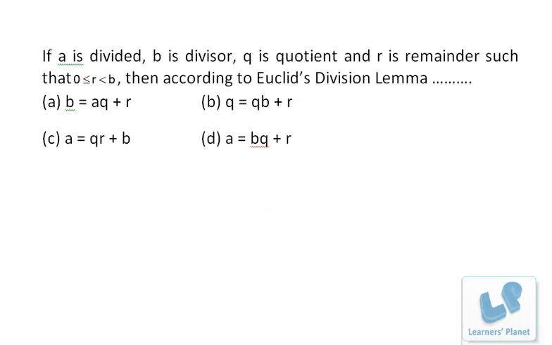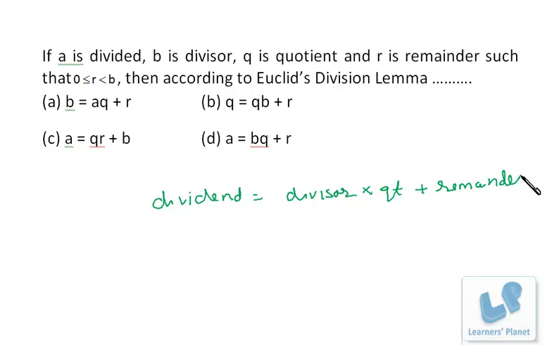Now in this question, if A is divided by B, where B is the divisor, Q is the quotient and R is the remainder, such that R lies between 0 and B, then according to Euclid's division lemma, any dividend is equal to divisor into quotient plus remainder.